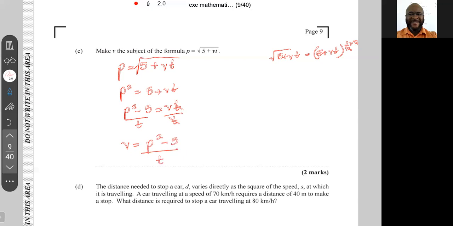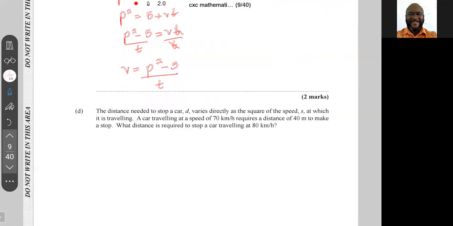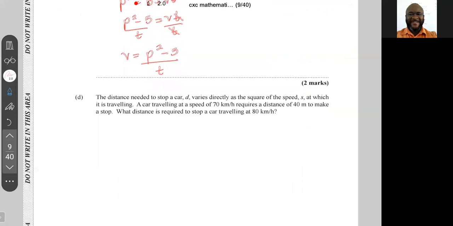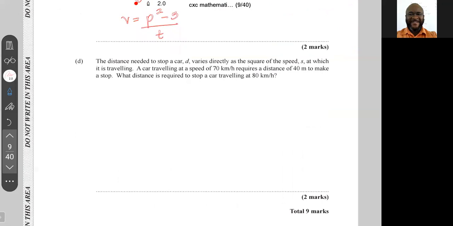So we're asked to make V the subject. Now D, D looks like variation. From where I'm sitting, it looks like variation. This says the distance needed to stop a car, D, varies directly as the square of the speed S. So if you remember, we said that a variation question has a 4-step flow.